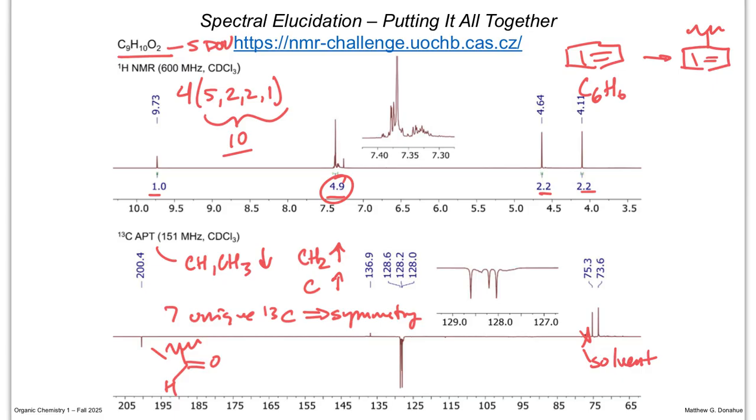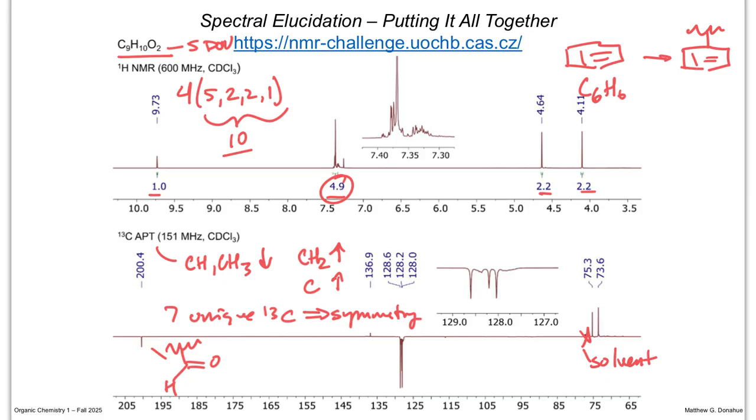So we have 2 fragments. We have a benzene ring, we have an aldehyde. We can't attach them together yet because we have not considered the signals here in the carbon and then these signals in the proton.